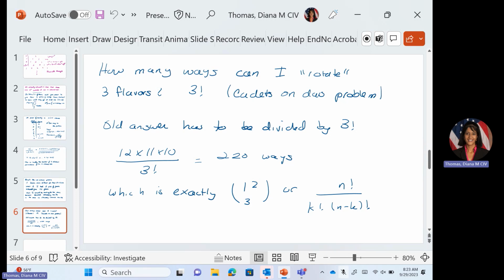So this is too much, so you have to divide out all the orderings. If you can pick the same item twice, that's your 12 times 12 times 12, where chocolate can be on top of chocolate. That's the 12 times 12 times 12 that you did first. All of it is just the product principle.